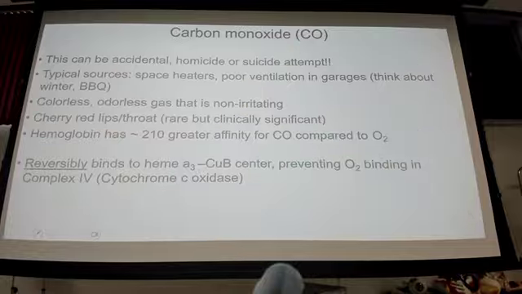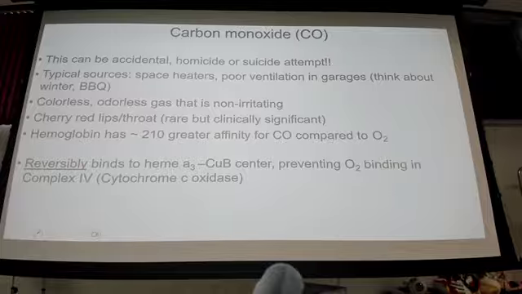All right, carbon monoxide poisoning. So we see this a lot in the winter months when people barbecue in their garage or spaces that are not properly ventilated. And this is very dangerous because you don't have a carbon monoxide detector.